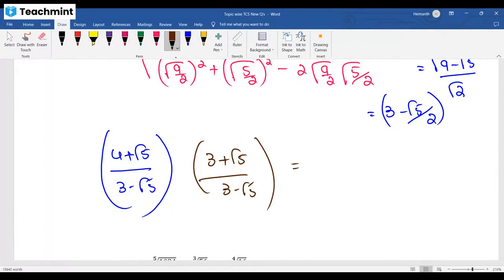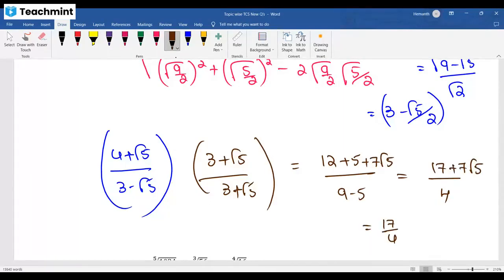Denominator: 9 minus 5, 4. 3 square minus root 5 square, a square minus b square, right? This is 3 plus root 5. A square minus b square, we got 9 minus 5, 4. Numerator: 4 into 3, 12. Root 5 into root 5, 5. 4 root 5, 3 root 5. We got 7 root 5. It's 17 plus 7 root 5. If you want to put it separately, 17 by 4 plus 7 by 4 root 5.